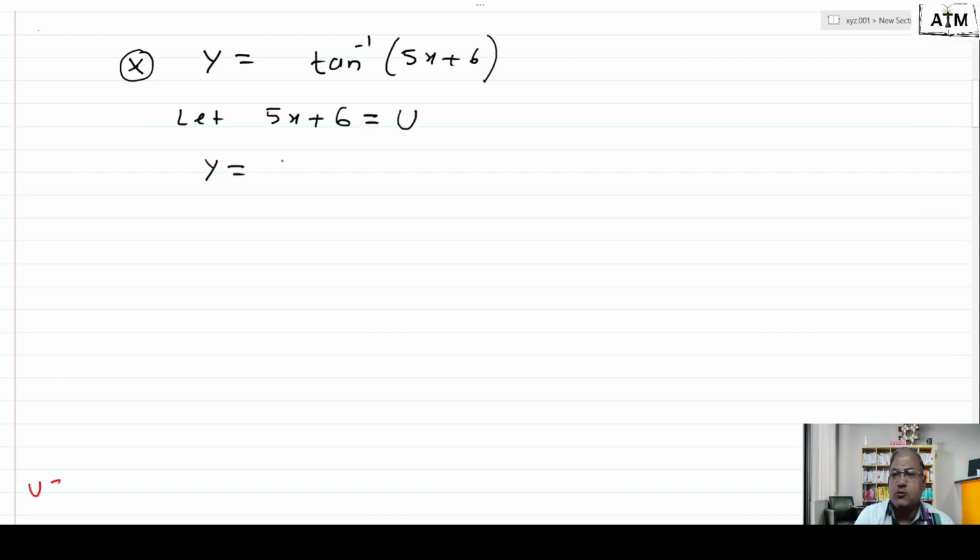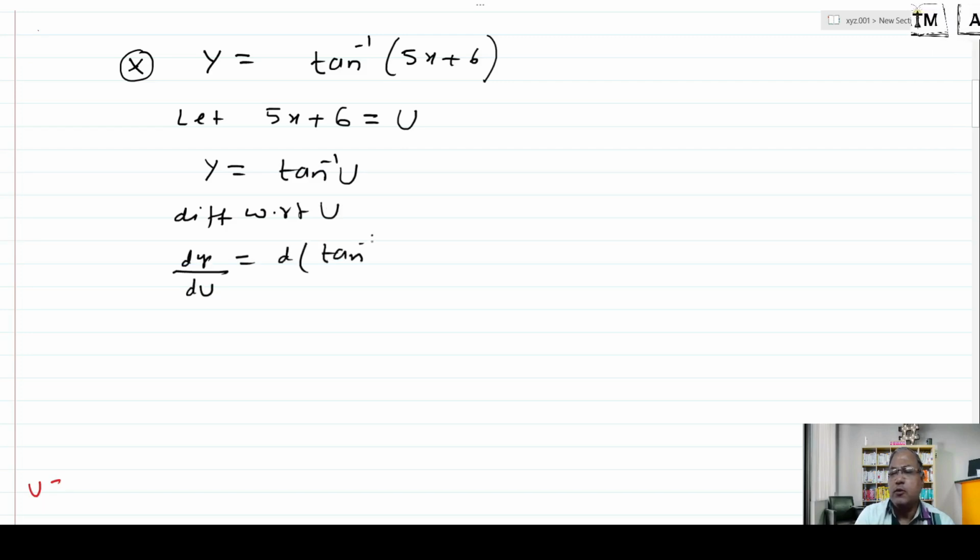Then y equals tan inverse u, differentiating with respect to u, dy by du equals 1 upon 1 plus u square.